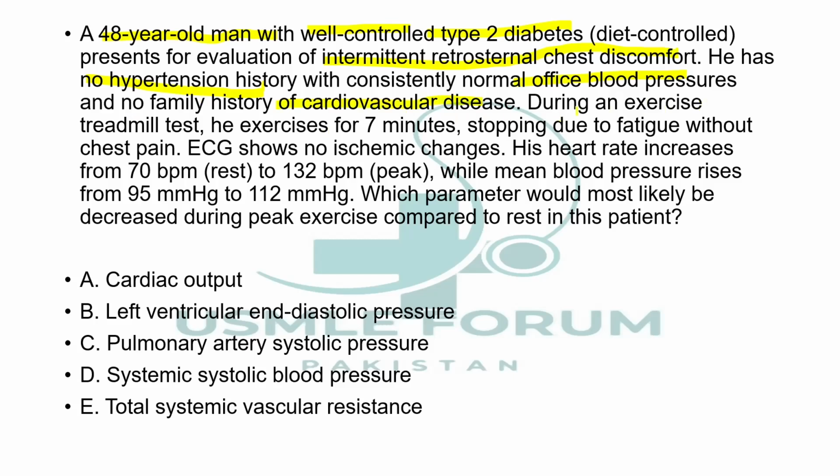During an exercise treadmill test, this is basically known as a cardio stress test or an exercise stress test, in which a patient undergoes exercise with an ECG machine plugged onto the patient, and then the ECG shows the changes that are occurring in the heart during the exercise.